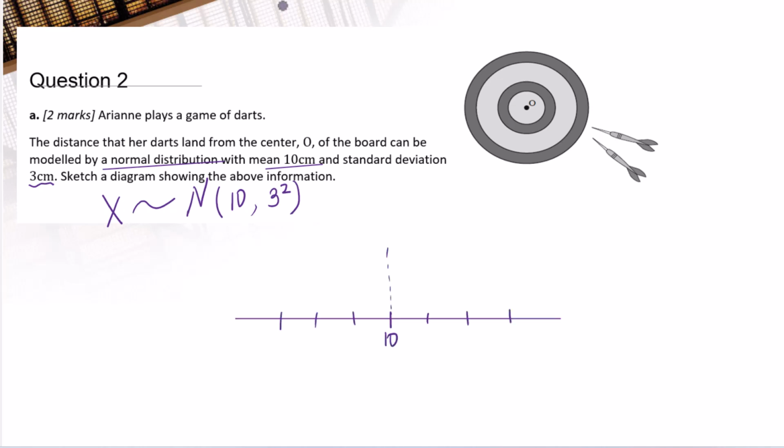Each segment is 3 centimeters: 13, 16, 19, 7, 4, 1. Then sketch this bell-shaped curve. Then show the section.